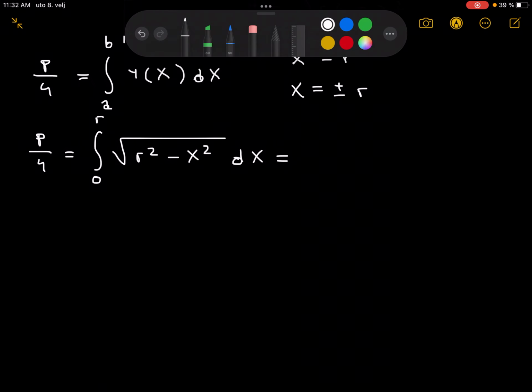So what I'm going to do right here is use a trigonometric substitution. Namely, I'm going to say that x is equal to r sine t. Let's call it t. And from here, dx is equal to r cosine t dt.